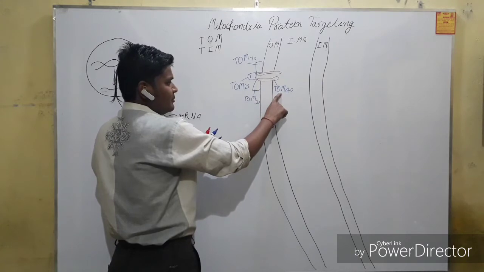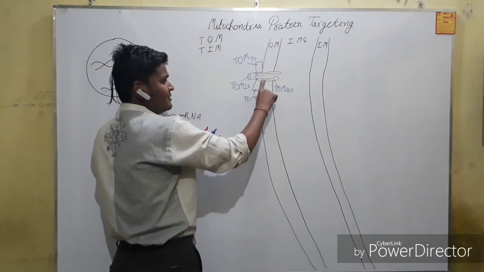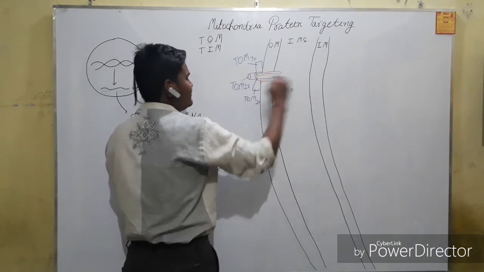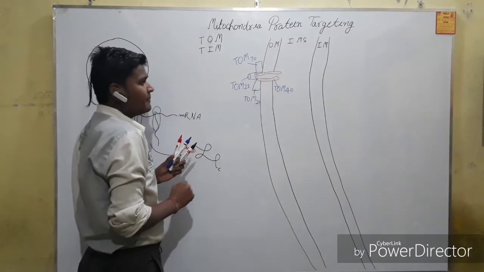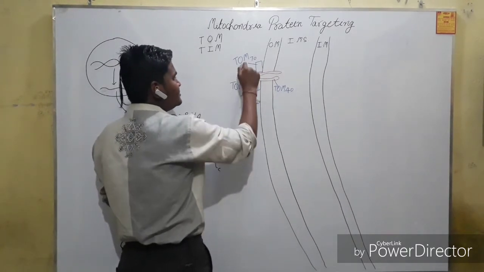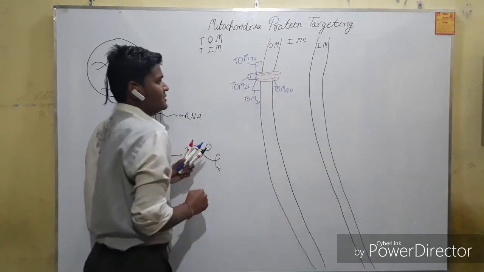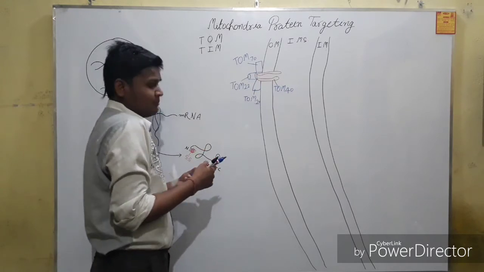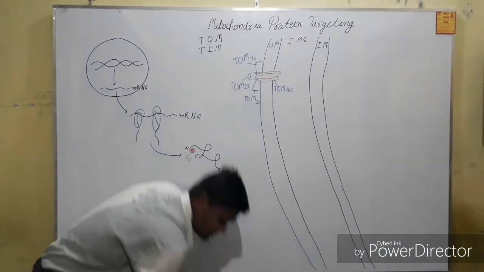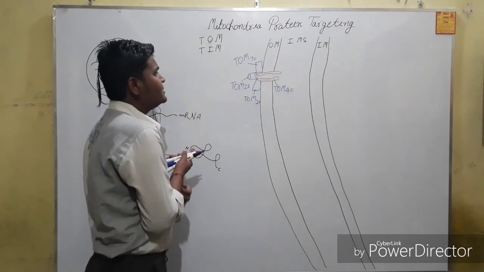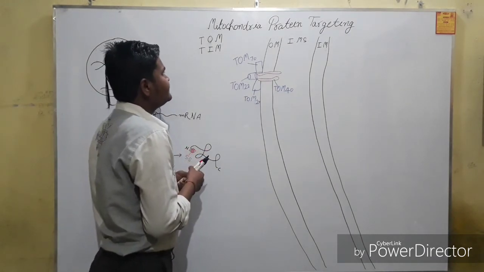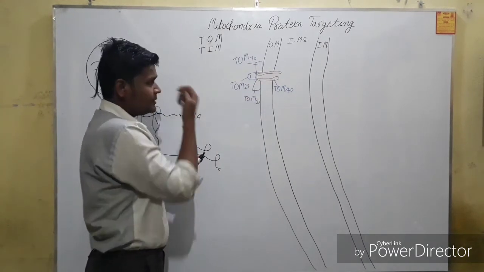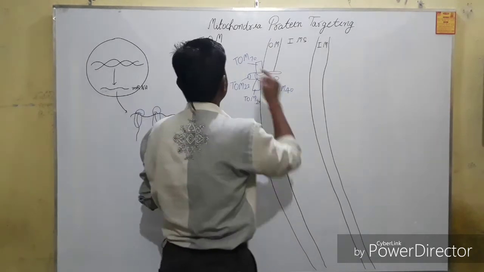TOM 40 is the main protein which forms the channel, and it creates a way to transfer the protein inside. These three are receptor proteins in the outer membrane. Some other proteins are also present to form the TOM complex.